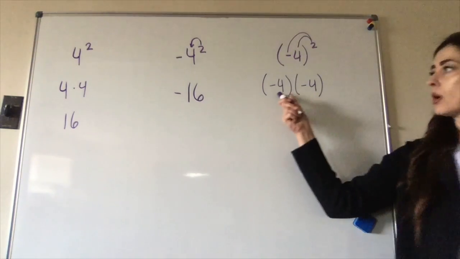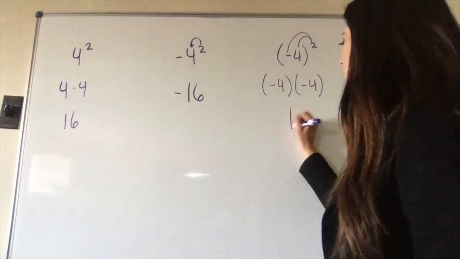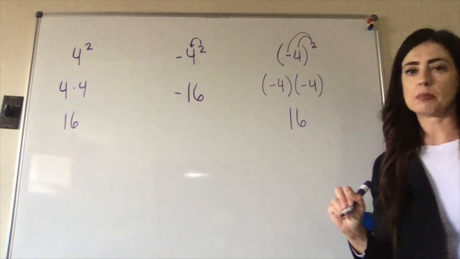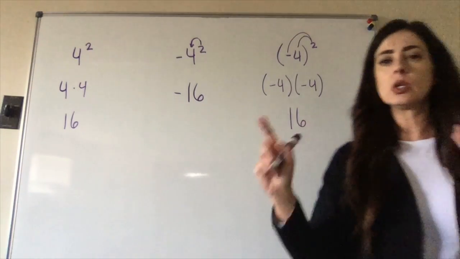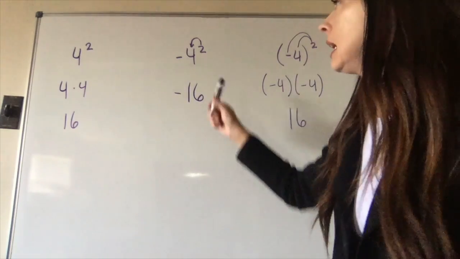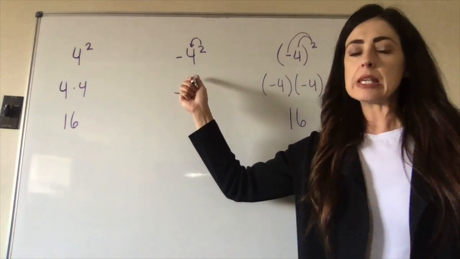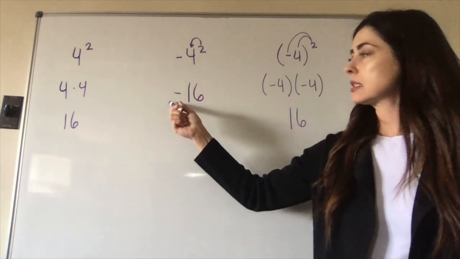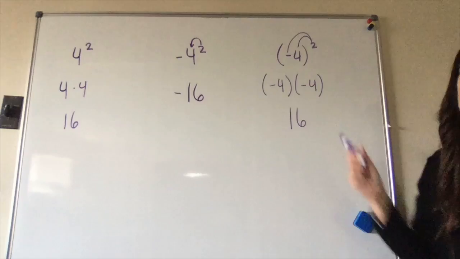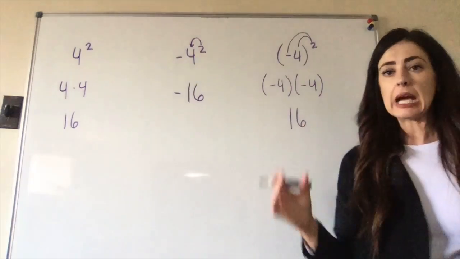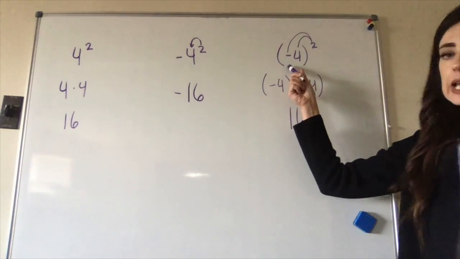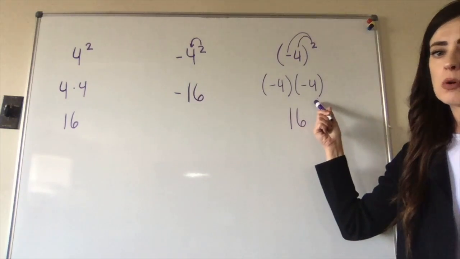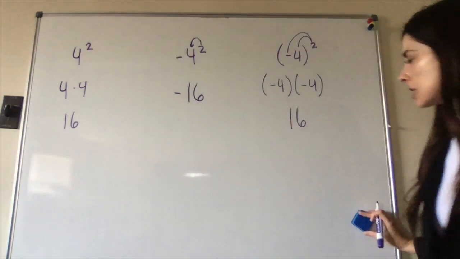We know that 4 times 4 is 16, and a negative times a negative is a positive. So make sure you get those two rules down. If there's no parentheses, it means the opposite of 4 squared, which is negative 16. If there are parentheses, we expand it out: negative 4 times negative 4, which gives us a positive 16.